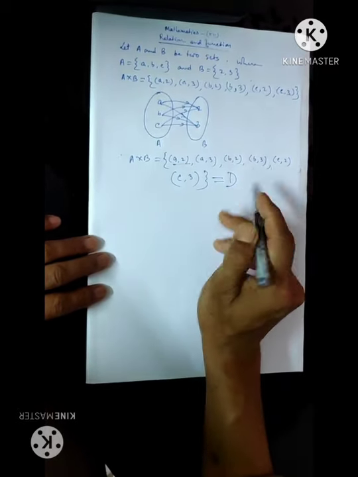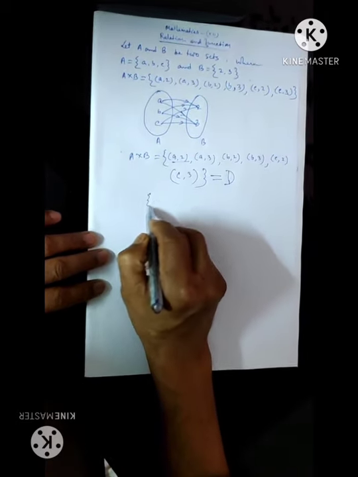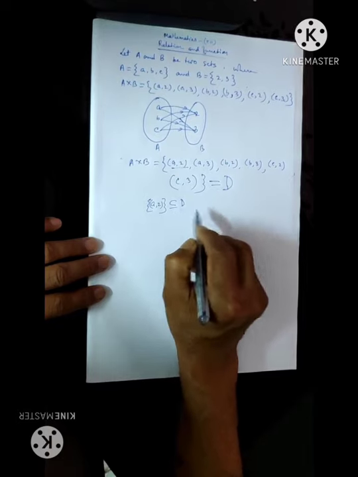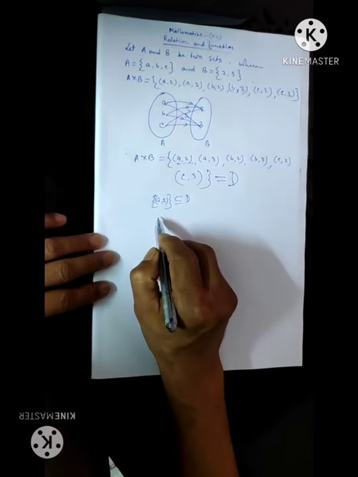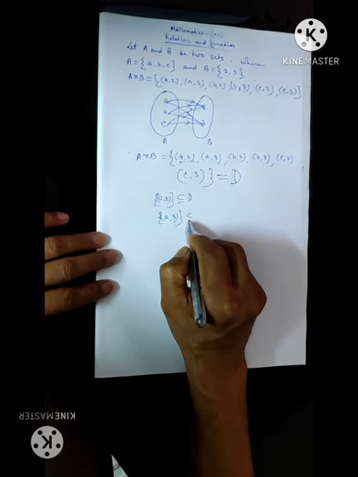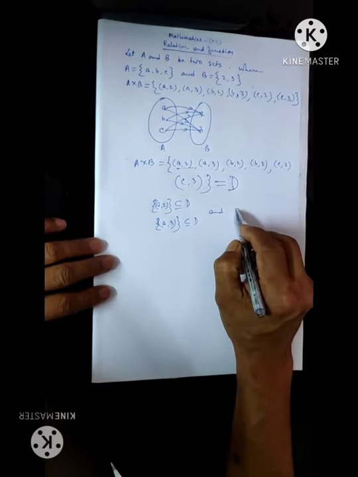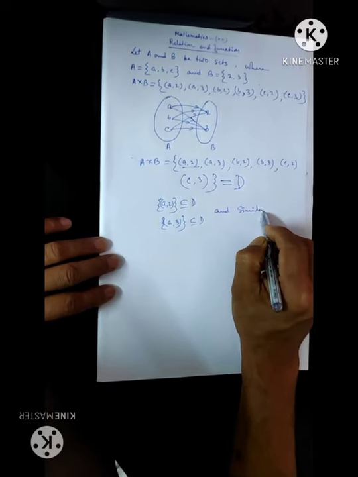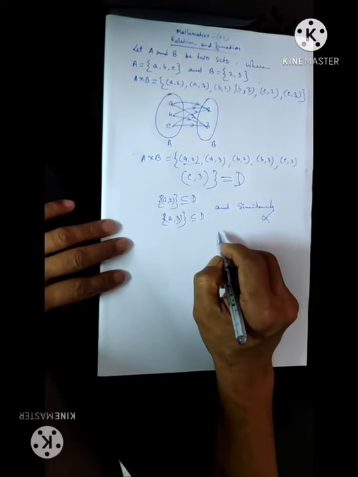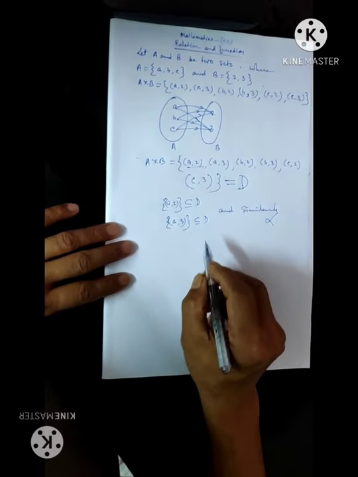It is also a subset of the set D. That means {(a,2)} is a subset of D, {(a,3)} is a subset of D, and similarly this set itself is also a subset of D. Okay?